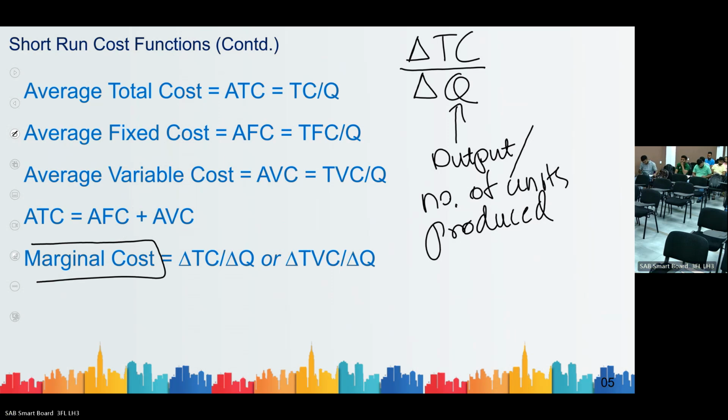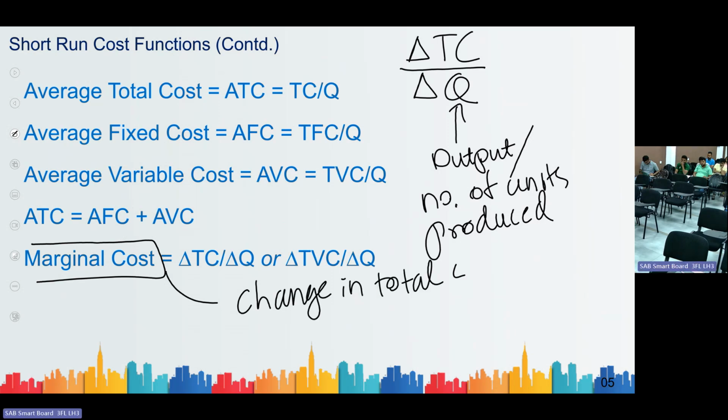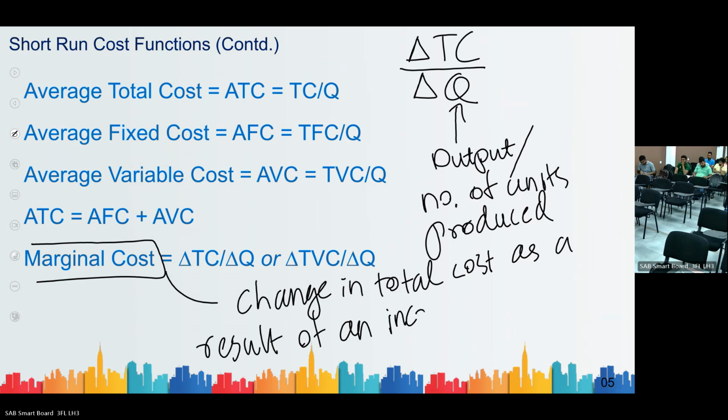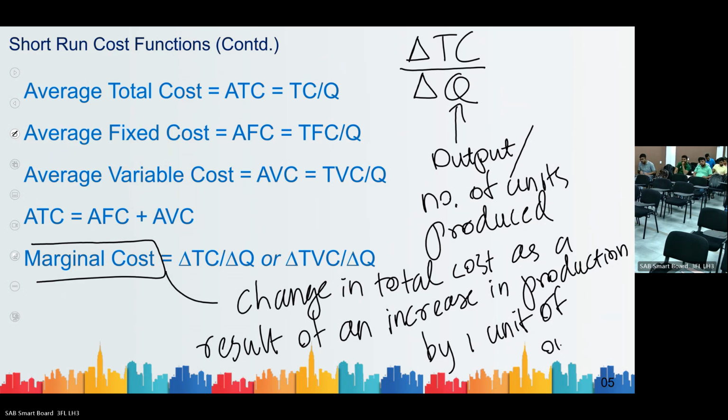That is the change in total cost as a result of an increase in production by 1 unit of output.